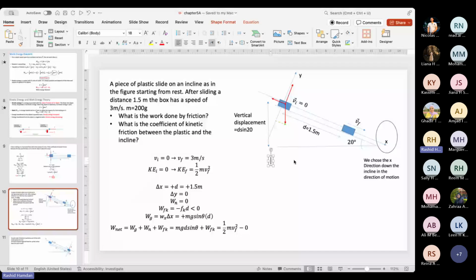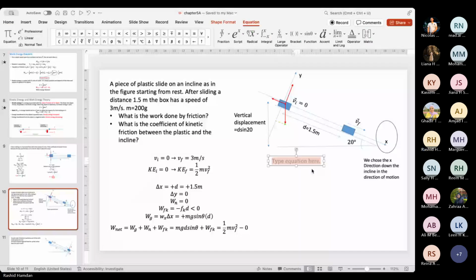So the work done by friction is equal to half m v final squared minus the work done by gravity, which is mg d sine theta.